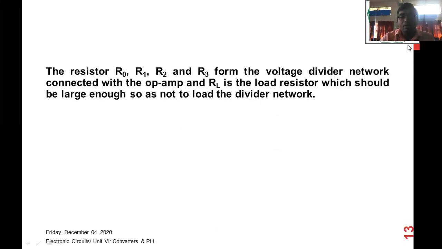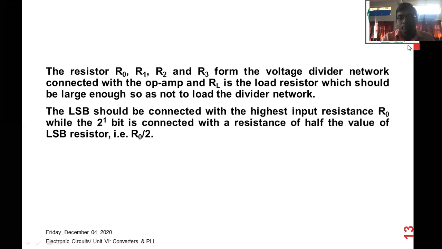The resistors R0, R1, R2 and R3 form a voltage divider network connected with the op-amp, and RL is a load resistance which should be large enough so as not to load the divider network, meaning it would be free from the loading effect. Okay. So the LSB should be connected with the highest input resistance R0, while the 2 raised to power 1 bit is connected with a resistance of half the value of the LSB resistor, that is R0 upon 2.